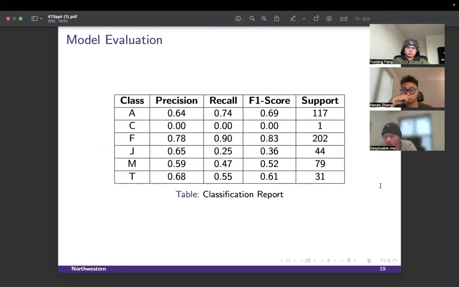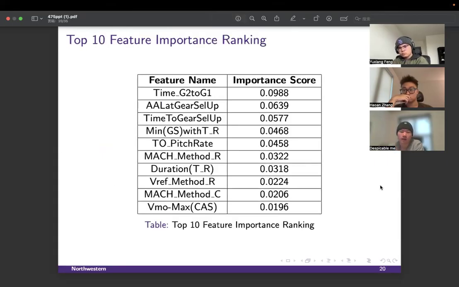So this is our model training result. We can find the top 10 feature importance ranking in our model result.